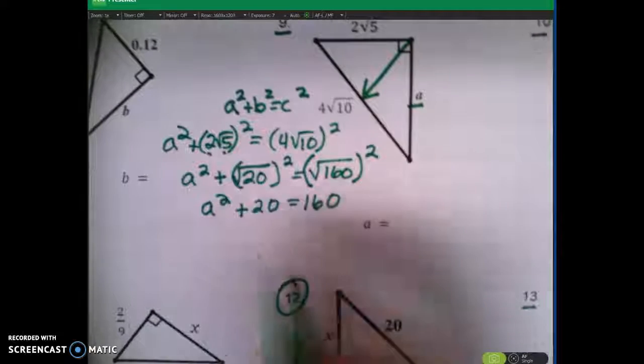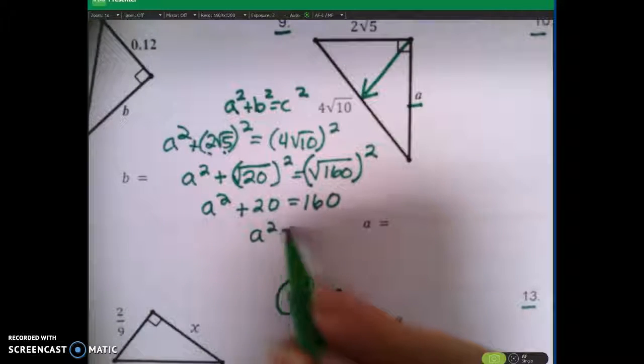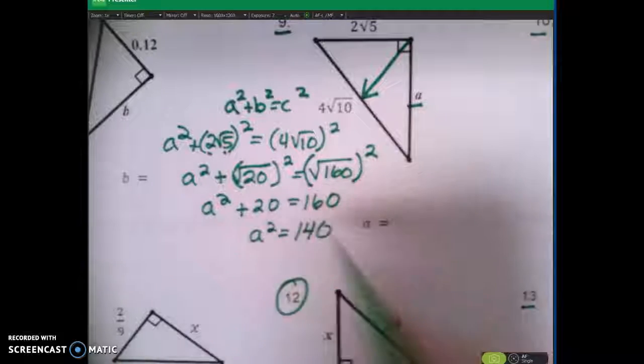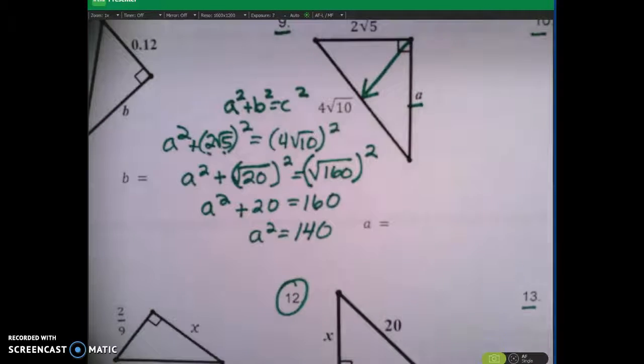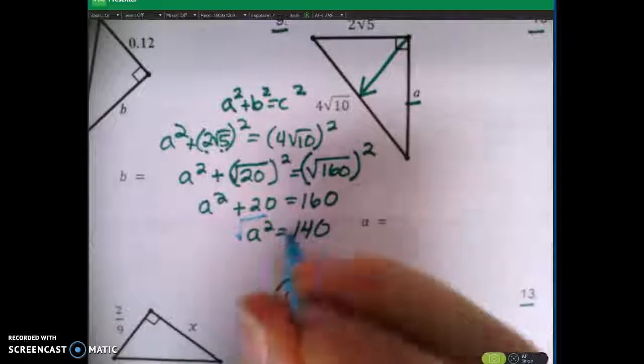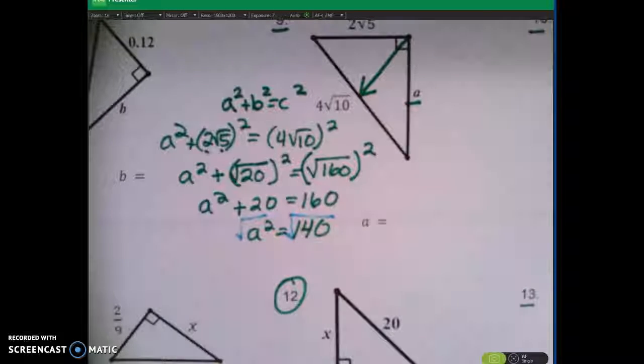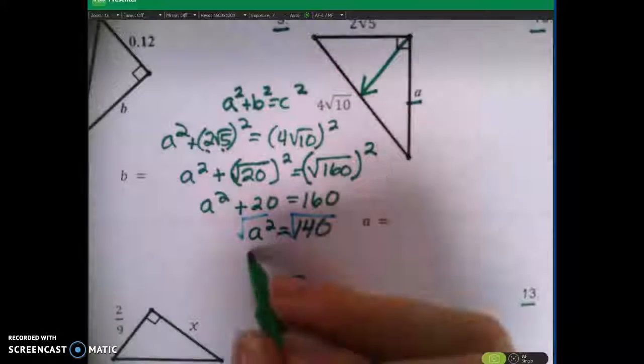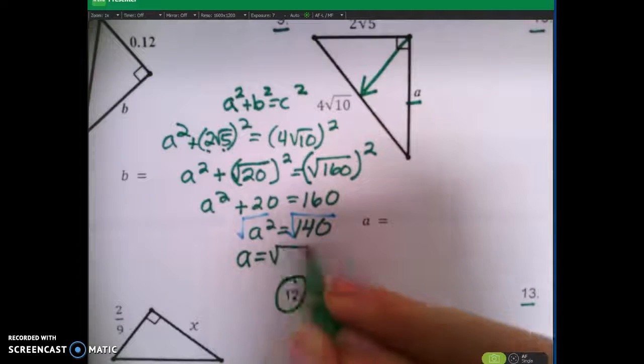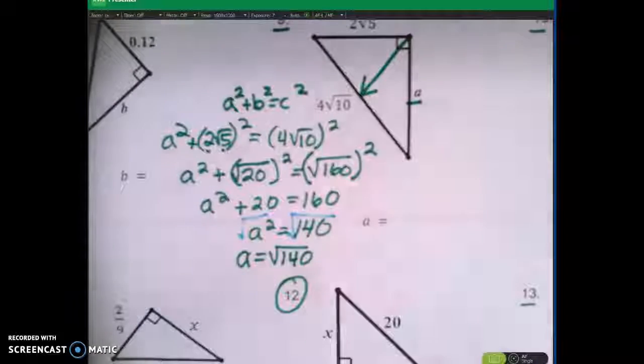Let's subtract 20 from both sides to get a squared equals 140. Now to solve, I'm going to take the square root of both sides to get my a value by itself. When I do that, I now have a is equal to radical 140.